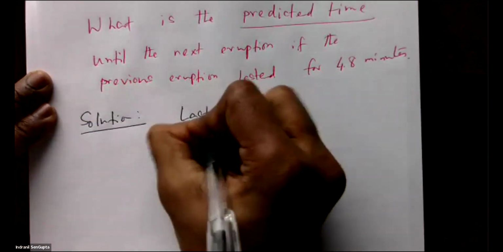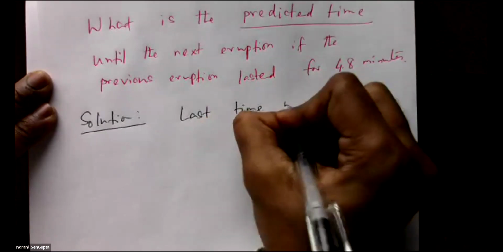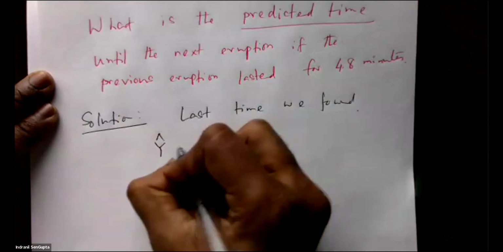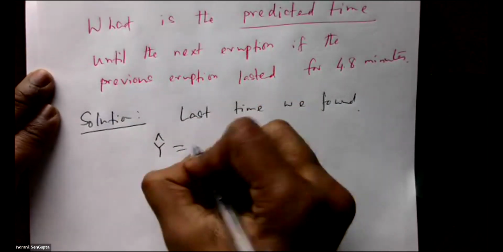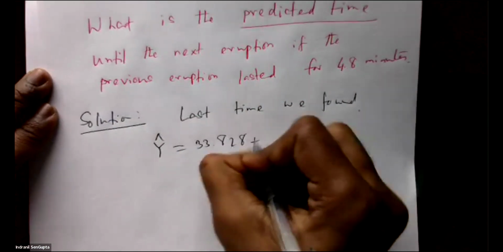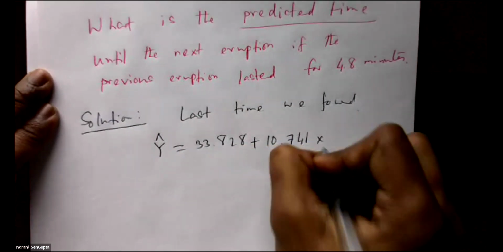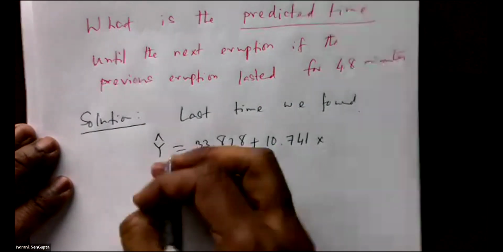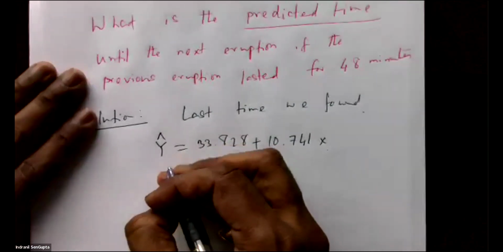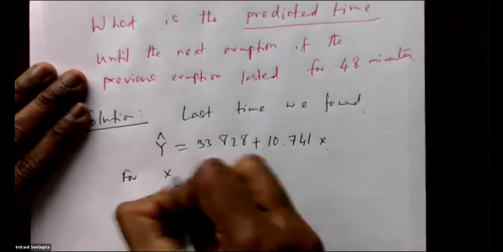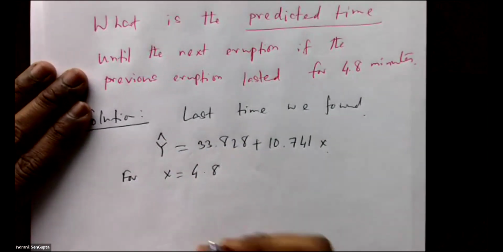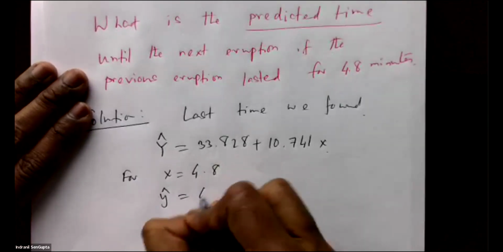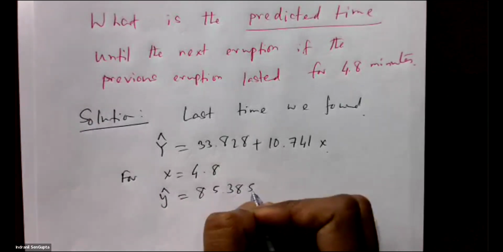Last time we found that the regression equation is y hat equals 33.828 plus 10.741x. Okay. So once again, for x equals 4.8, little y hat is basically 85.385.